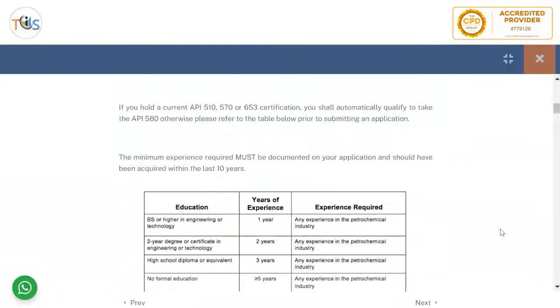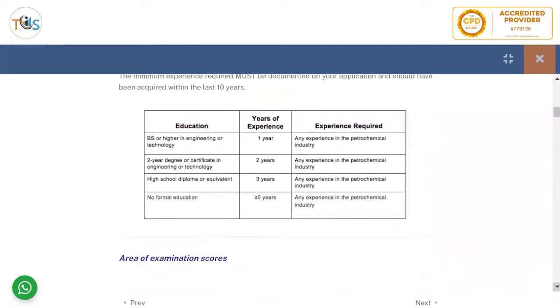If you hold the current API 510, 570 or 653 certification, you shall automatically qualify to take the API 580. Otherwise, please refer to the table below prior to submitting an application. The minimum experience required must be documented on your application and should have occurred within the last 10 years.